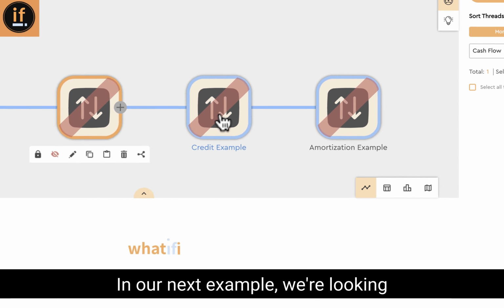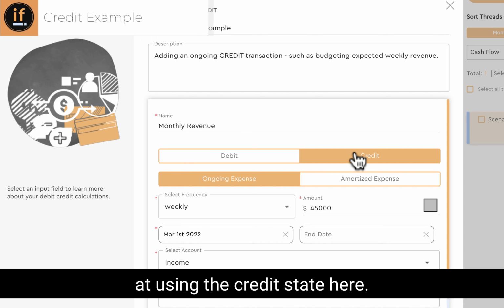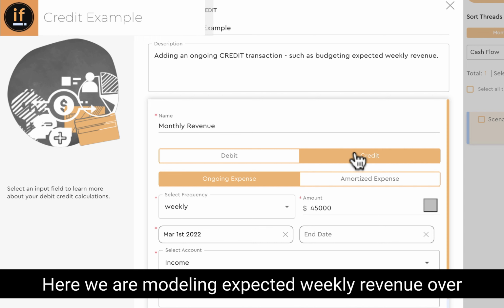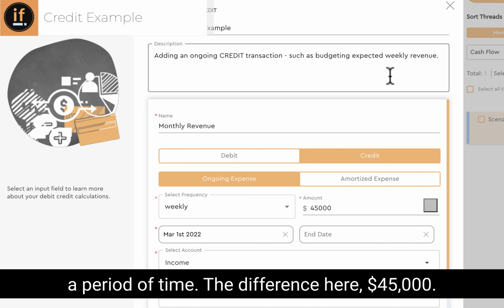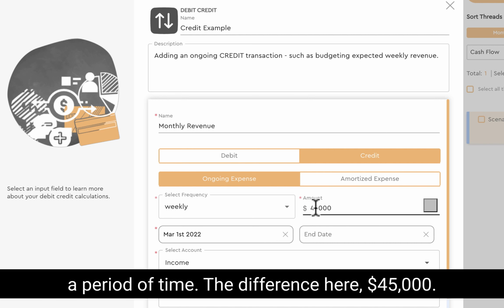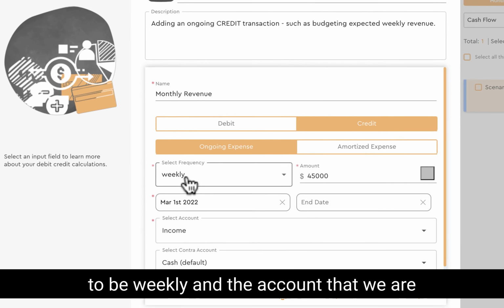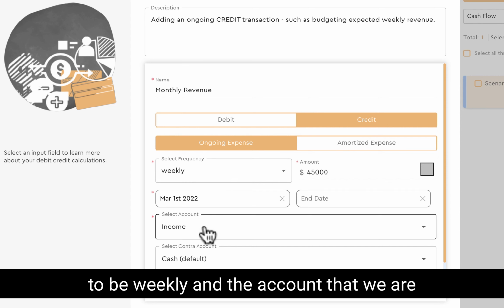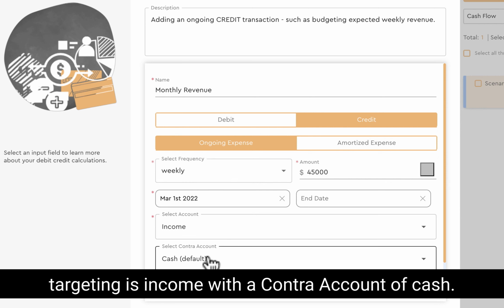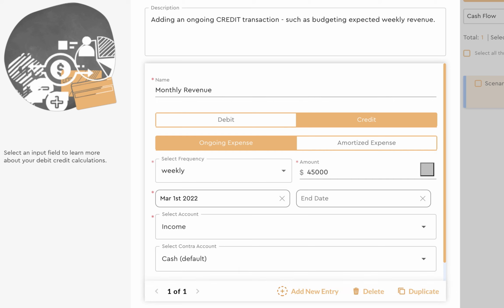In our next example, we're looking at using the credit state here. Here we're modeling expected weekly revenue over a period of time. The amount here is $45,000. Using the credit tab, we have set the cadence to be weekly, and the account that we are targeting is income with a contra account of cash.